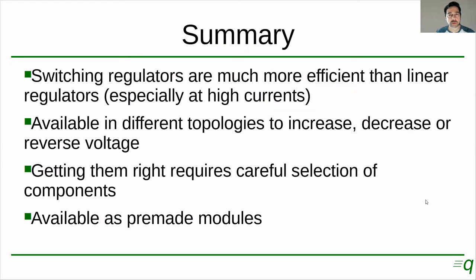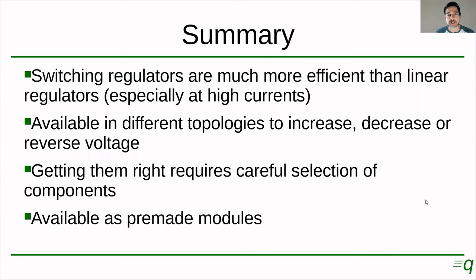So to recap what we saw today, switching regulators are much more efficient than linear regulators, especially at high currents. While linear regulators can have efficiencies in the 50 to 60% range for high currents, switching regulators can be in the 85% range or so.